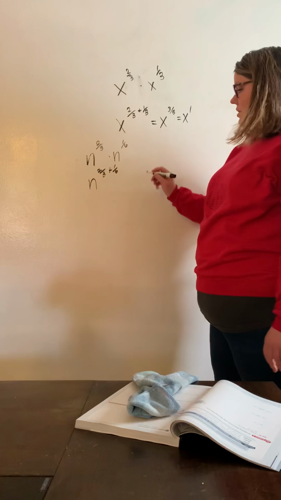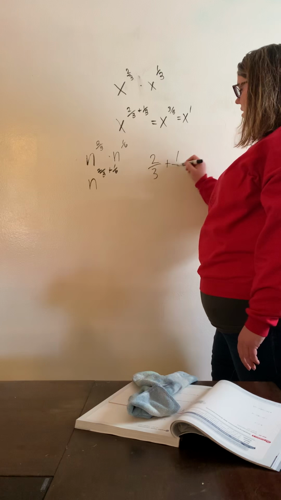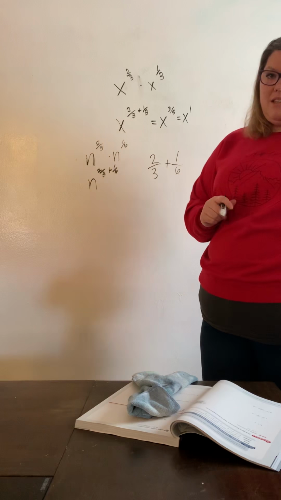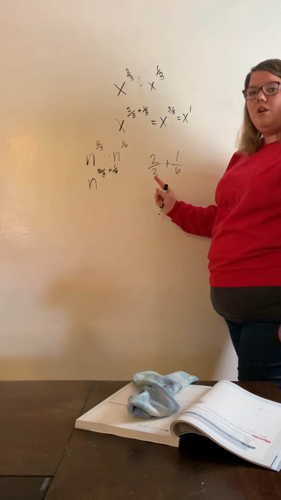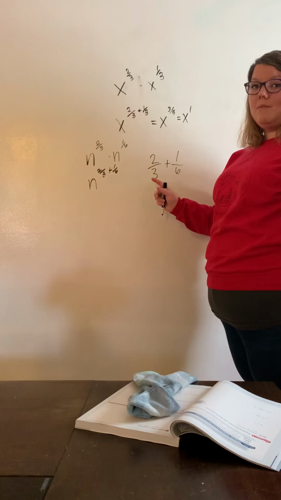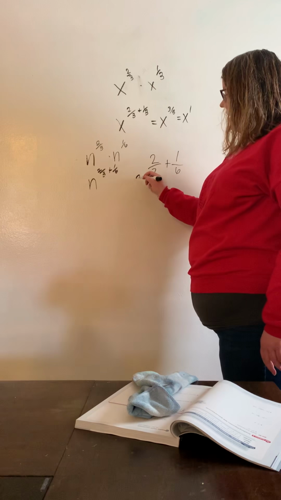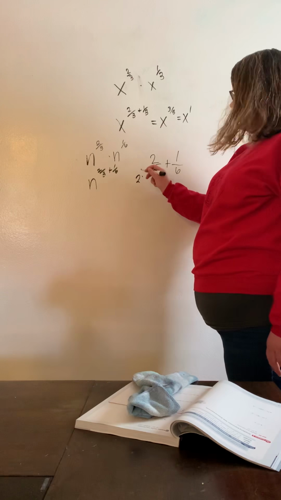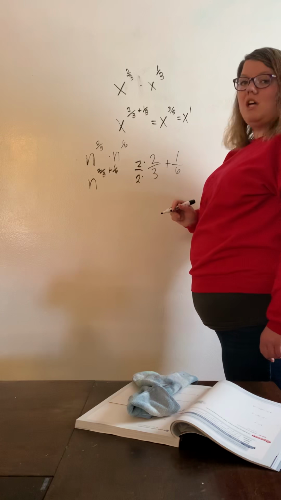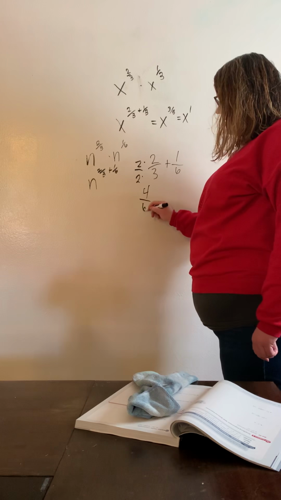to add those exponents. So how do I add 2/3 and 1/6? This has a 3 on the bottom, this has a 6 on the bottom, so we're going to need to set those up so they have the same number. I know 3 can just be multiplied by 2 to be 6. So I'm going to multiply both the top and the bottom by 2, so that this one is now 4/6.